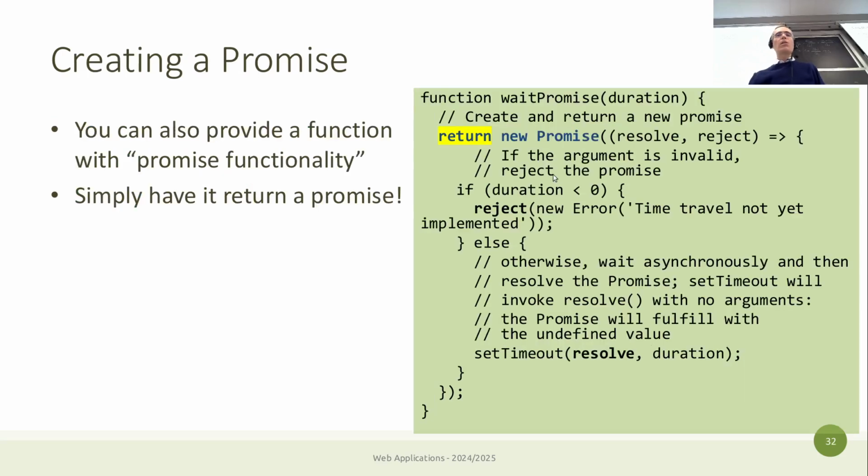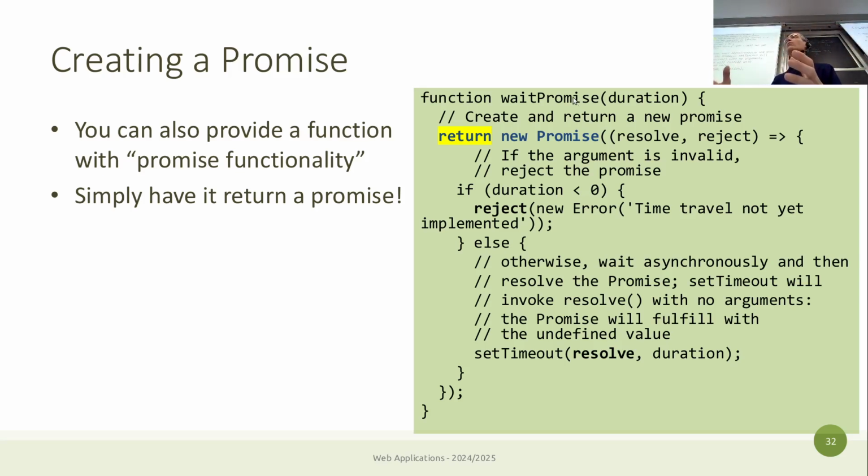Okay, so what did we do here? Well, basically we created a function that only did one thing, just return a new object, which is actually a promise that has this specific behavior. So when we call the function waitPromise with a certain time, like 1000, so for 1 second, it will create a promise.